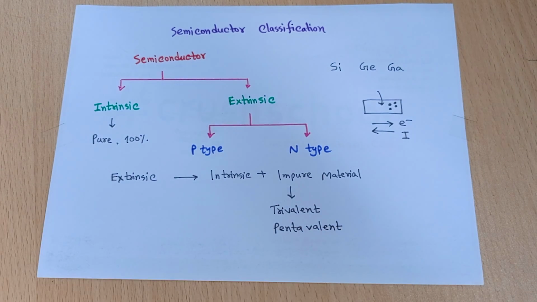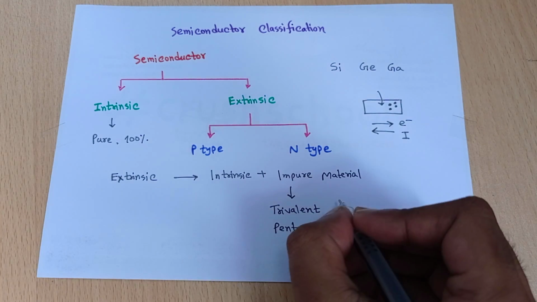So what is a trivalent material? When an atom has 3 electrons at its outer shell, it is called a trivalent atom. Suppose we have boron and aluminum.